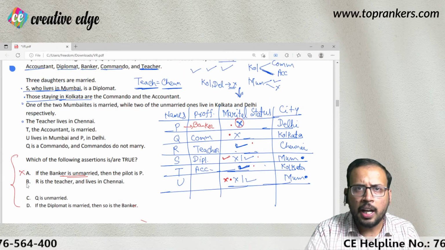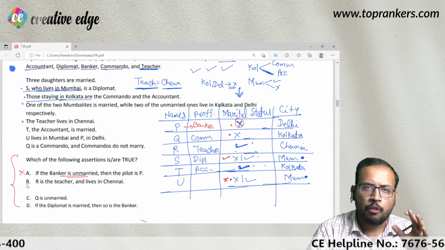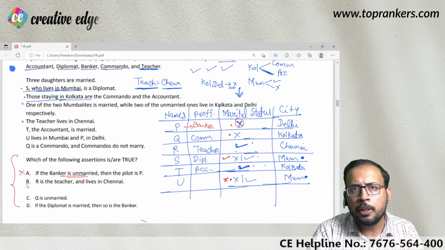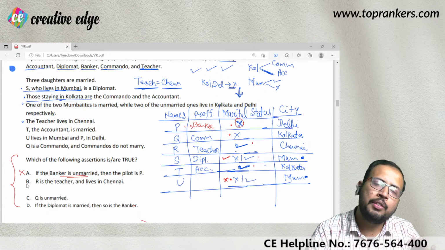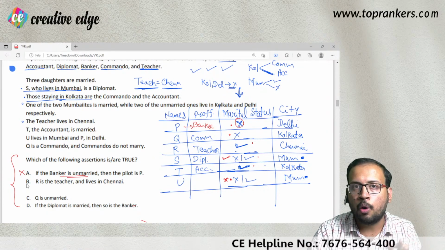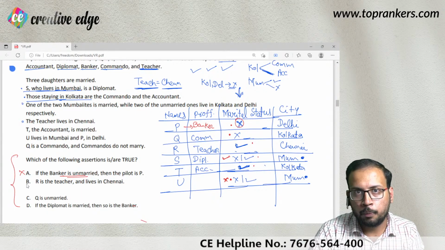So I believe that such type of question should be avoided at first. What do I mean by avoided? I would say that these should be attempted if and only if you have some extra time, once you have gone through the paper, once you have solved all the questions that you were required to do.